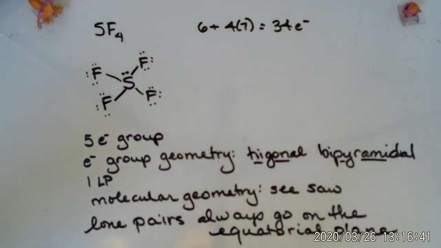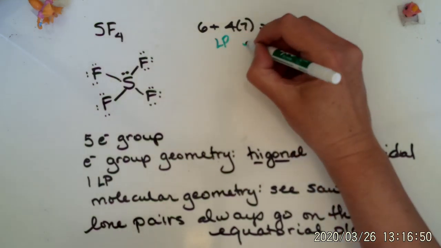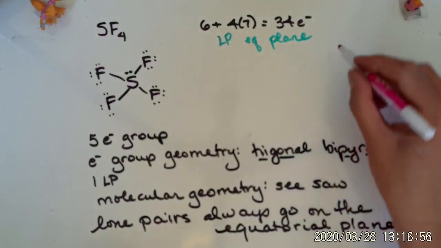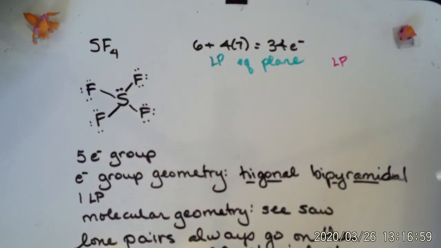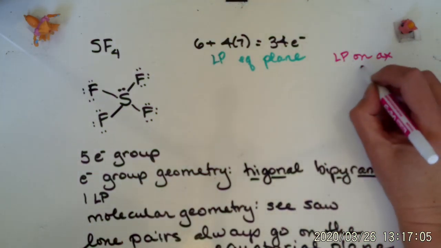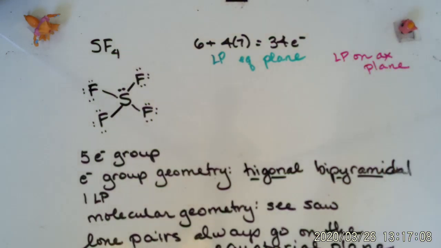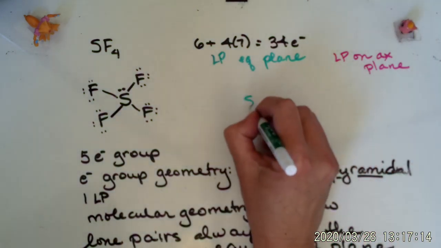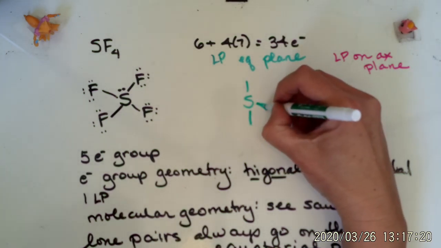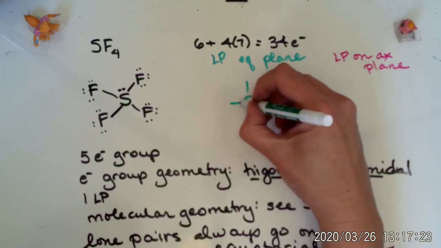Okay, so I'm going to give you 2 drawings. This is my lone pair on the equatorial plane. We draw that one first, and I'll do the lone pair in pink on the axial plane. All right, so let's take a look at the equatorial plane. Here is my sulfur, and I have the axial plane, and then I have my equatorial plane.